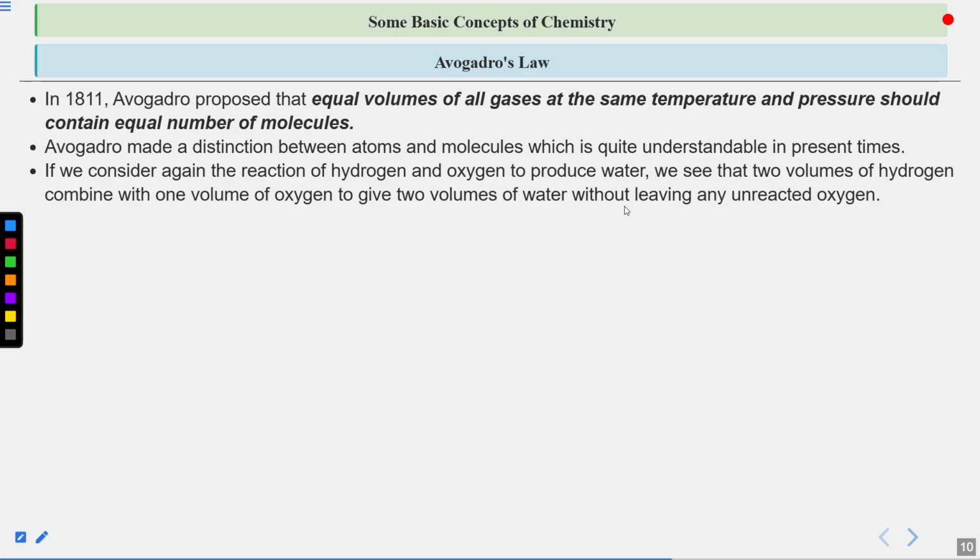What is the meaning of this? So if we are taking 50 ml of oxygen, we are taking 100 milliliters of hydrogen. That means for one volume of oxygen, we are taking two volumes of hydrogen, and it was giving two volumes of water. So this is a simple ratio term that has been used here.